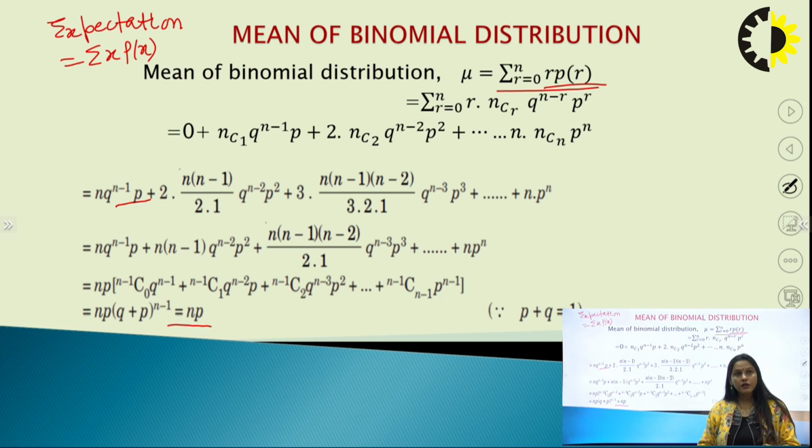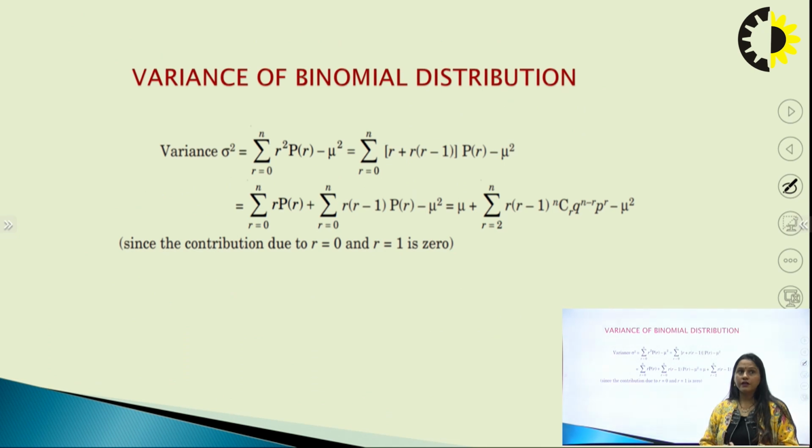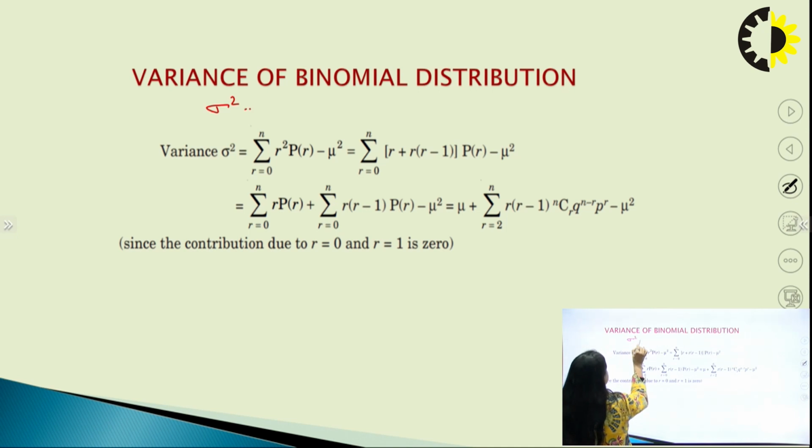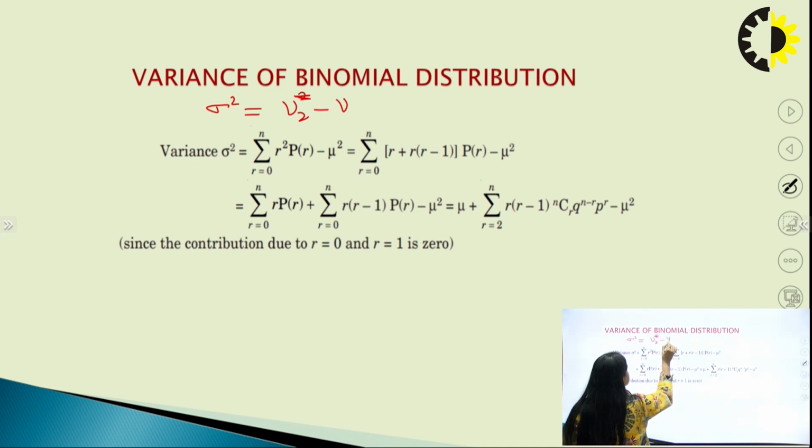Similarly, if we go for the variance, the formula becomes summation r square P(r) minus mu square. We know that the variance formula is always nu2 minus nu1 square. What is nu1?